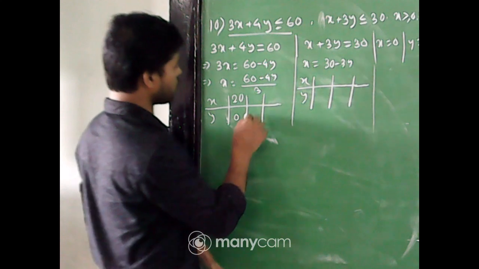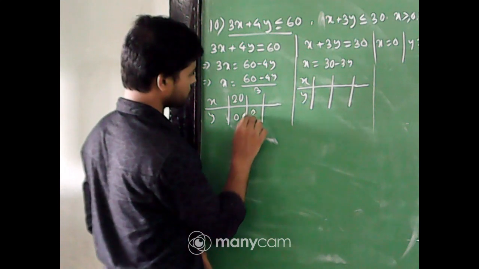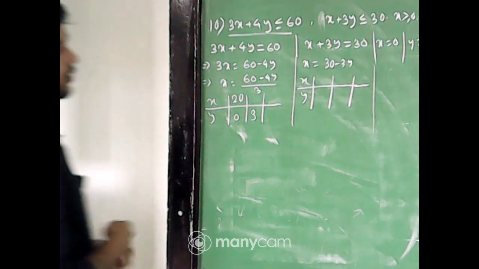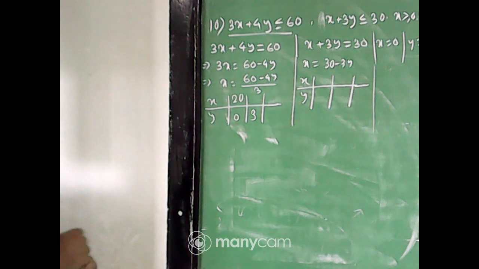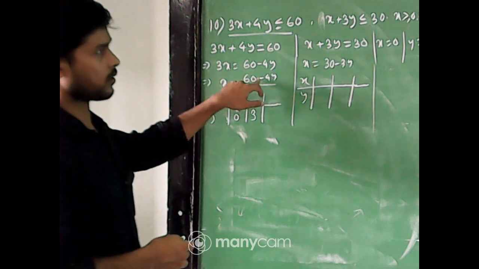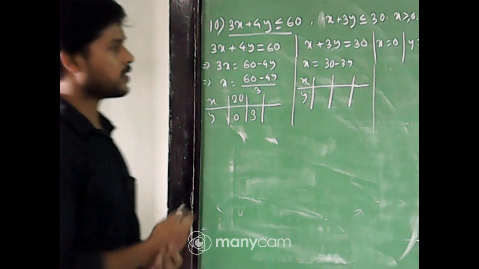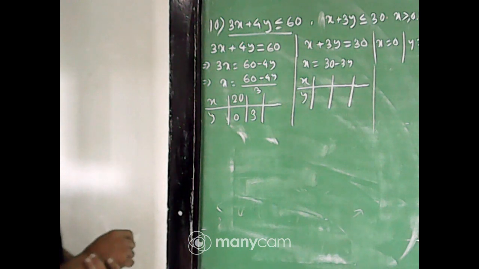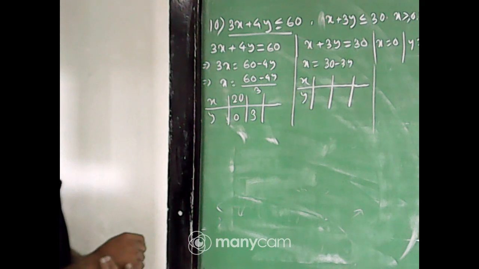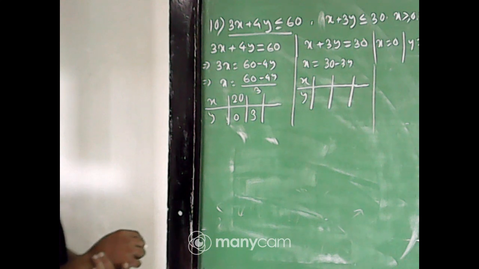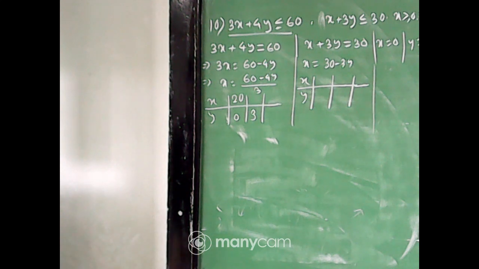If I put y equal to 3, what will be the value of x? 60 minus 4 into 3, by 3.